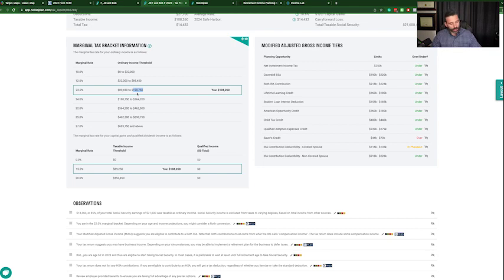We're only a little bit above this 12% bracket. Okay, so we're just a little bit above that. So we are about $18,000 here above the 12% bracket. So if we have some options here, we could possibly lower Jill and Bob's marginal tax bracket for the year down to 12%.